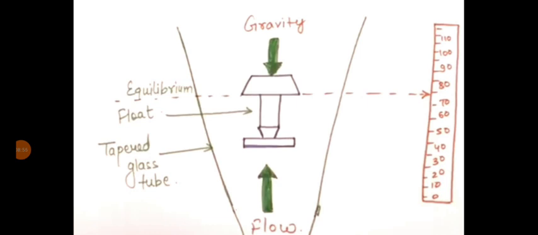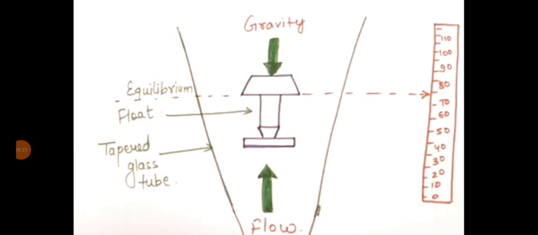In the equilibrium condition, when the two forces are equal, the float will rest. Then the position of the float straight away gives the volumetric flow rate of the fluid. So this is the concept of the flow rate.